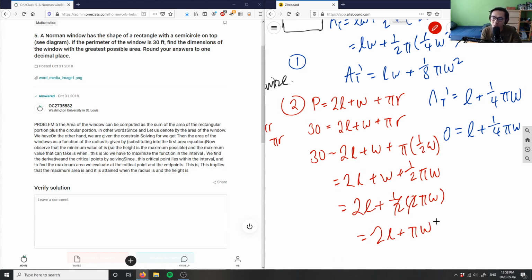Yes, I believe, oh, actually, hold up. I'm adding these guys here. I have pi plus 2 pi plus half pi w. Yes, so I would have half of pi, which is 0.5 times 3.14.